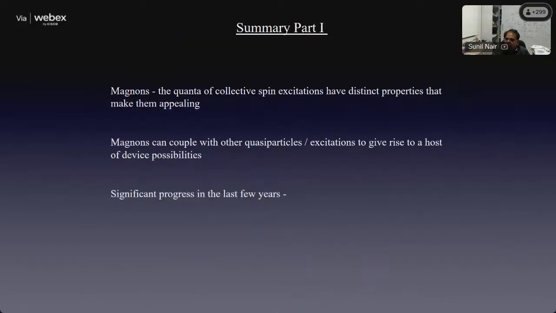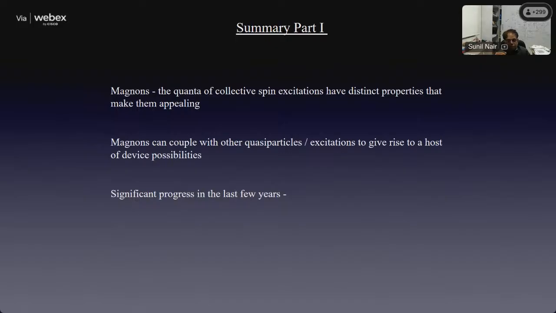Now, I will summarize this part here. I hope the key takeaway message, and I hope some of you would appreciate it, is the fact that magnons, which are the quanta of collective spin excitations, can have very distinct properties which make them an appealing candidate for a number of different applications.